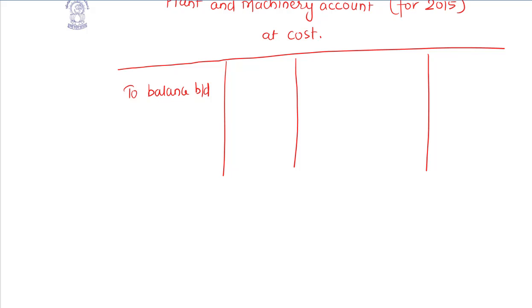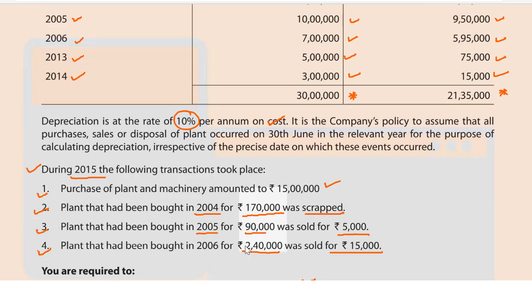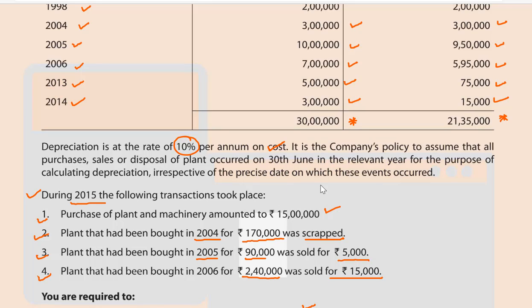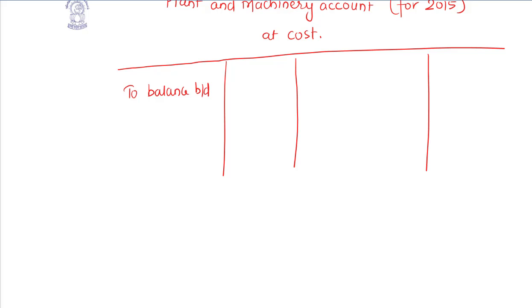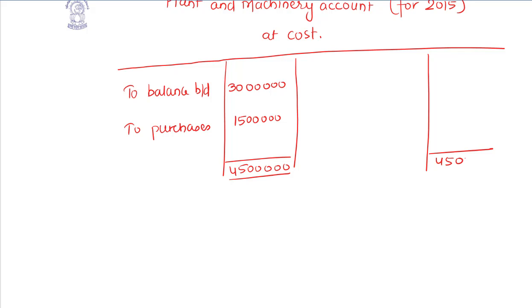To balance brought down 30 lakhs, and new purchase is 15 lakhs. So right over here 30 lakhs, to purchases 15 lakhs, total is 45 lakhs.